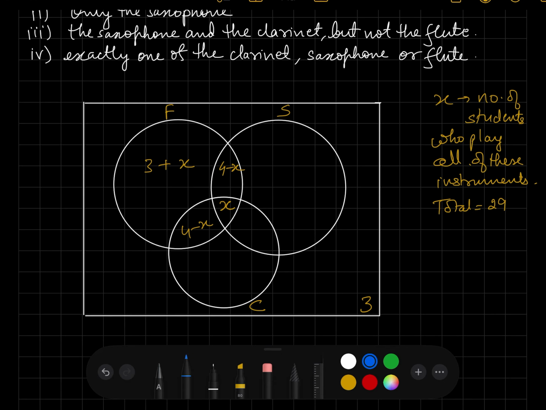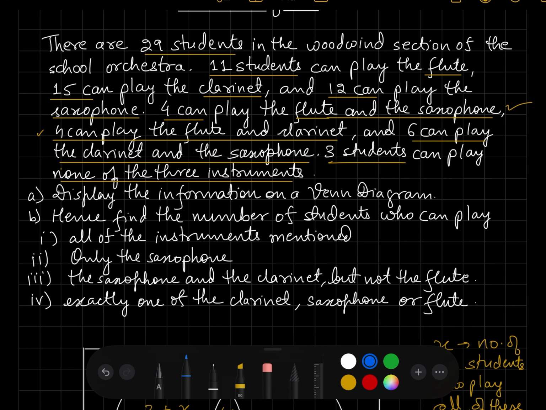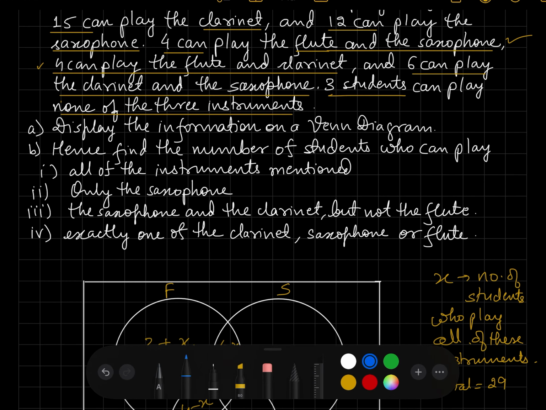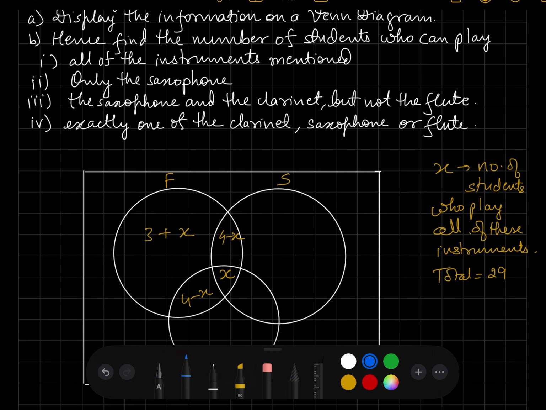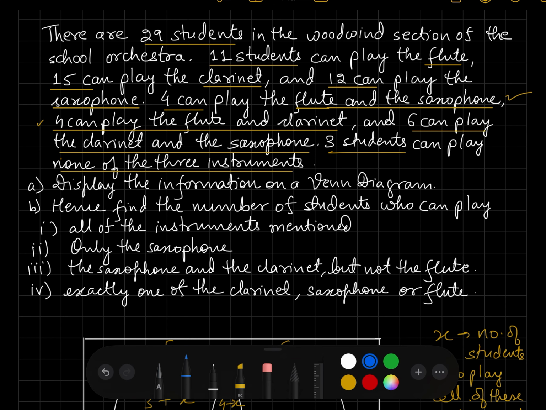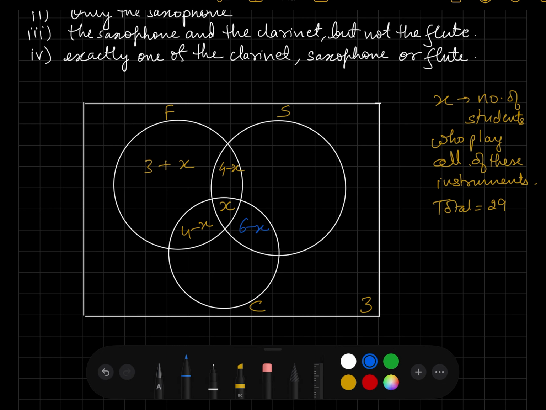Then let us adjust the next one for saxophone and clarinet. 15 can play the clarinet, and clarinet and saxophone are 6, so 6 minus x. For clarinet it is 15 minus 4 minus 6, that is 15 minus 10 is 5, so it would be 5 plus x here.